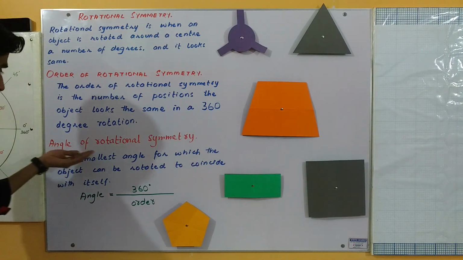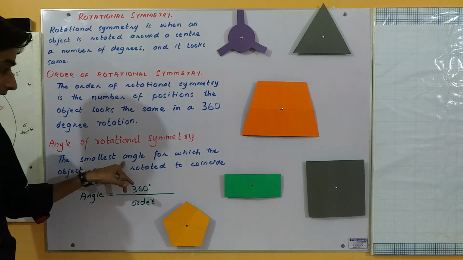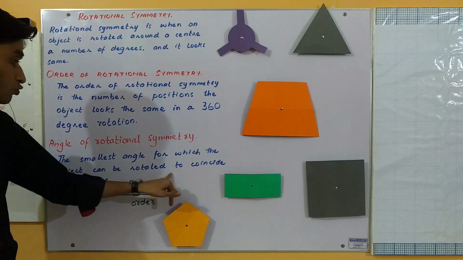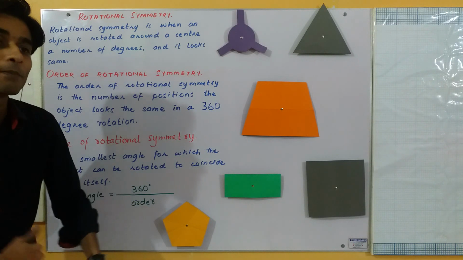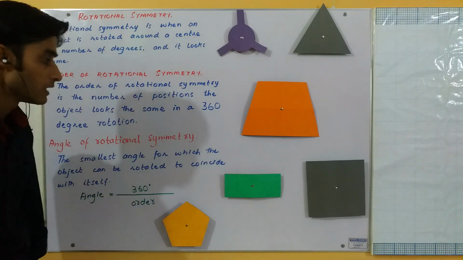Then in the end, angle of rotational symmetry: the smallest angle by which the object can be rotated to coincide with itself, meaning to appear the same as before.